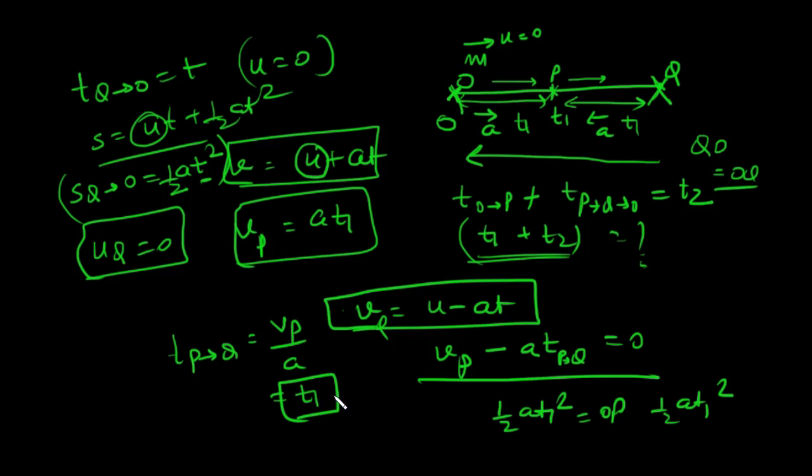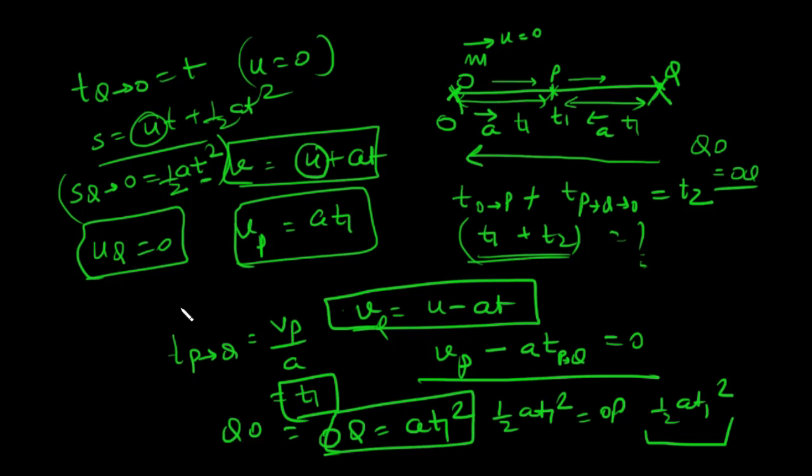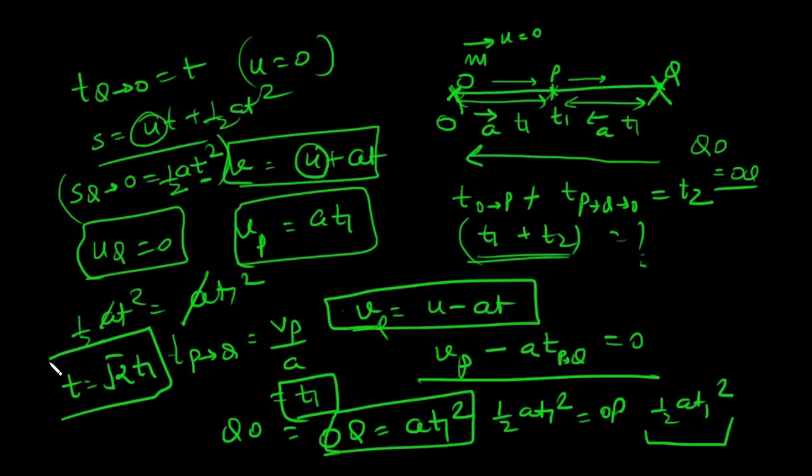So the total distance OQ is A T1 square, and this would be equal to QO. So we see half A T square equals A T1 square. We can cancel A. What is T? T is root 2 T1.